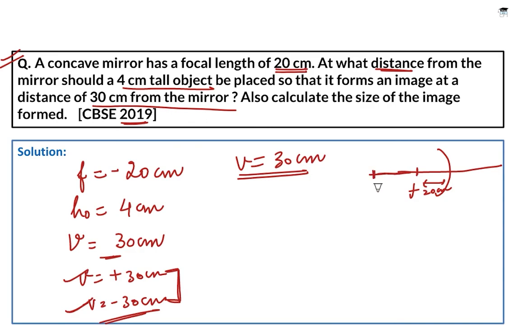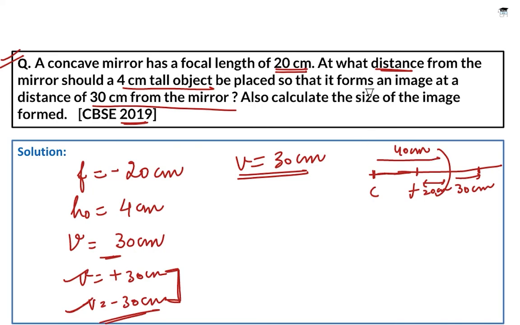The center of curvature is going to be here at a distance of 40 centimeter. And the image is formed here behind the mirror at around 30 centimeters. So at this point the image is formed.